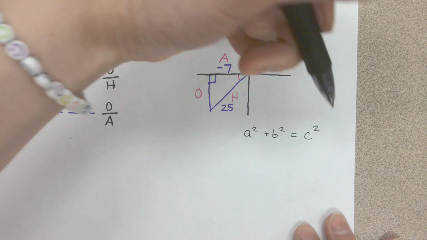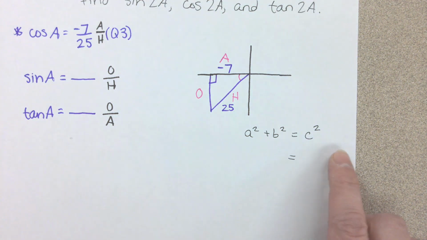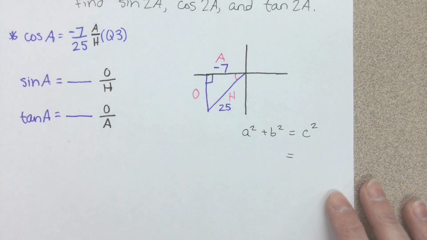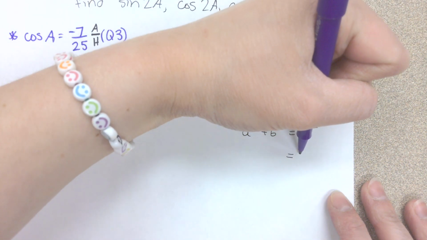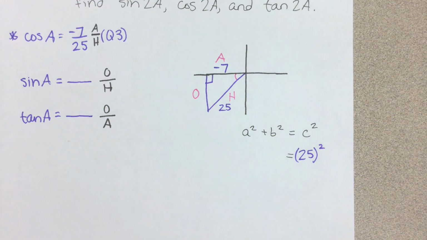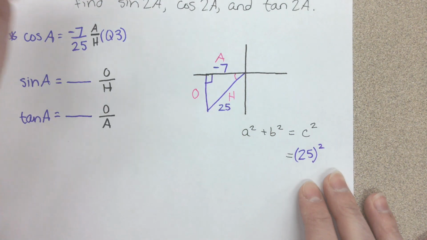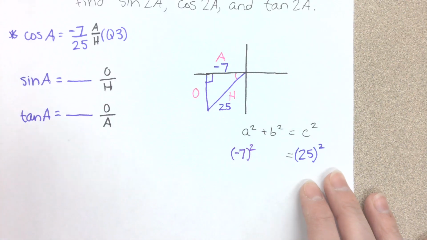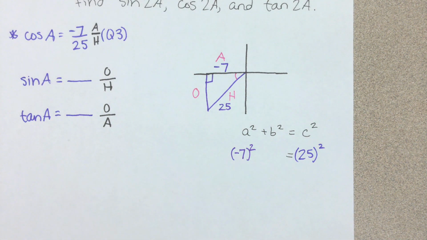When you set this up, I always place the C first, because if you misplace C, then the whole formula is wrong. What goes in for C? Which number? 25. Thank you. It's the hypotenuse. So this is 25 squared, and then A and B can be whatever you want it to be. I'm going to let A be A in this case, so -7 squared. Make sure you put it in parentheses since it's a negative number this time.